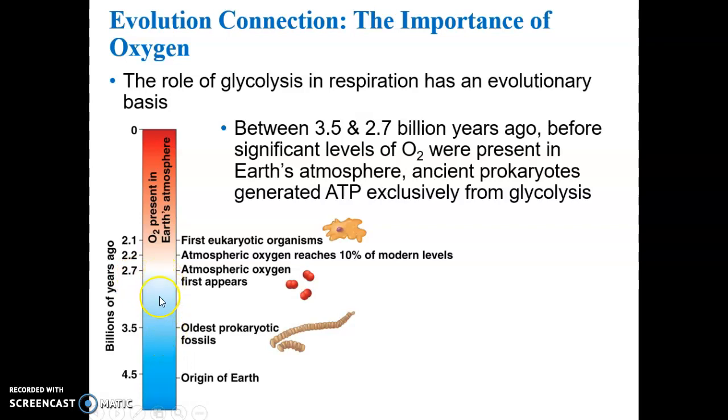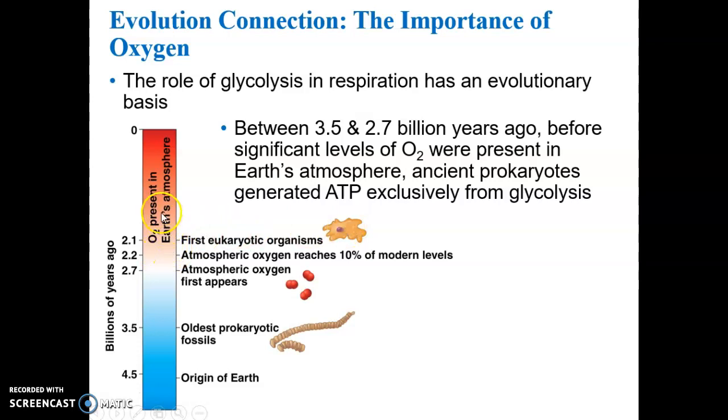And the atmospheric oxygen concentration kept increasing. When it hit about 10% of modern levels, that set up the stage for the advancement and development of eukaryotic cells. The first ones were single-celled, and a eukaryotic organism, if you remember, has a nucleus and other organelles, including mitochondria and chloroplasts.